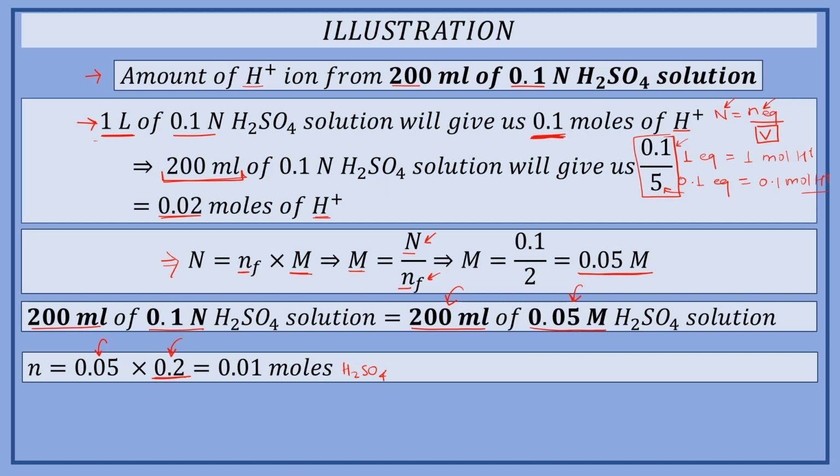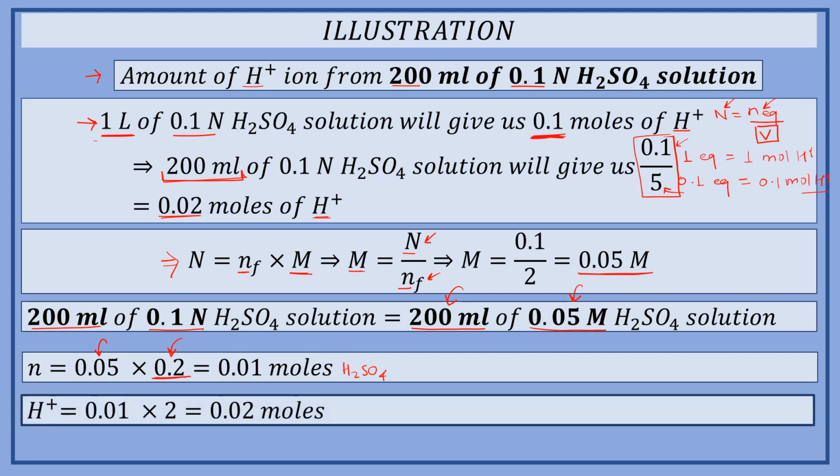Now, the basicity of H2SO4 acid is 2. Therefore, the number of moles of H plus ion will be 2 times the number of moles of H2SO4. So here 2 is the basicity of the acid. Finally, we conclude that the number of moles of H plus ion will be 0.02 moles.